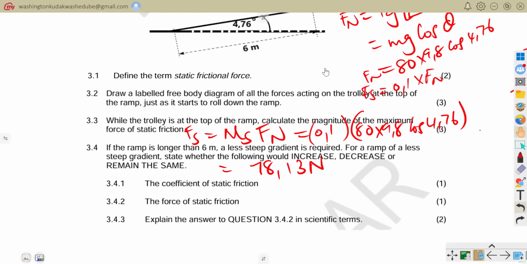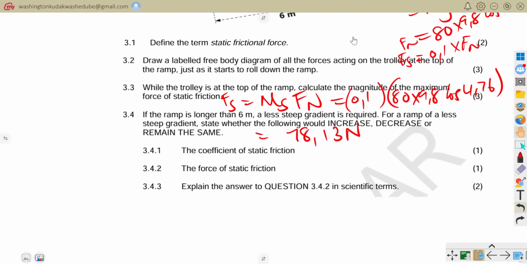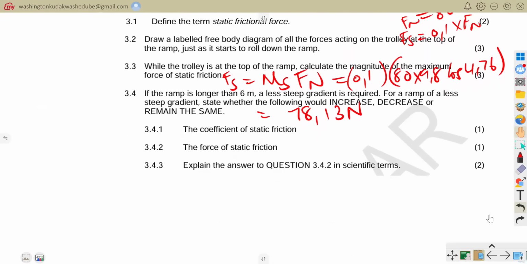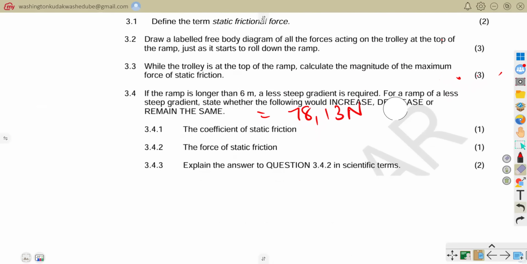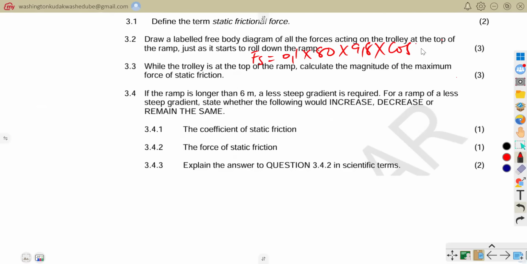If that is the case, now let's see what are the questions that are coming. So you were just supposed to say Fs equals 0.1 times 80 times 9.8 times cos 4.76, and that will give you 78.13 newtons.